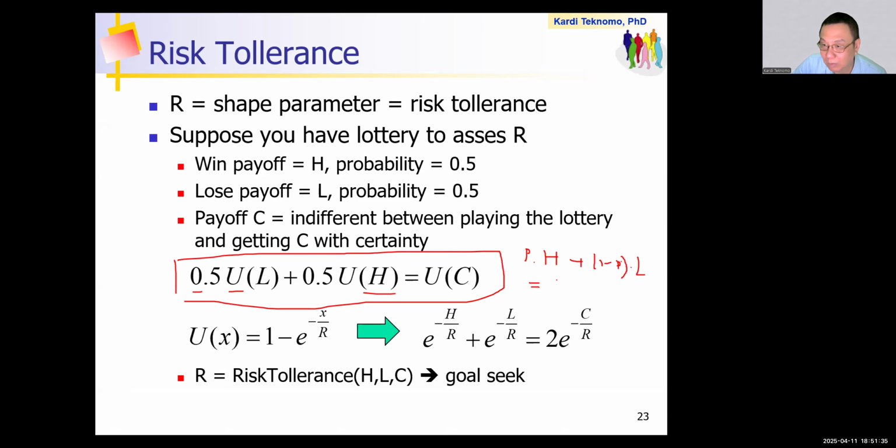So that one should be equal to C. Then we can use the formula of this utility function because we want to get R, and this utility function is actually the formula for risk-averse.